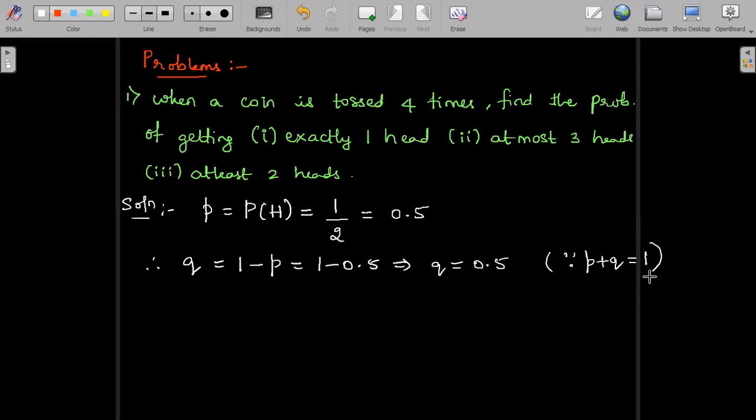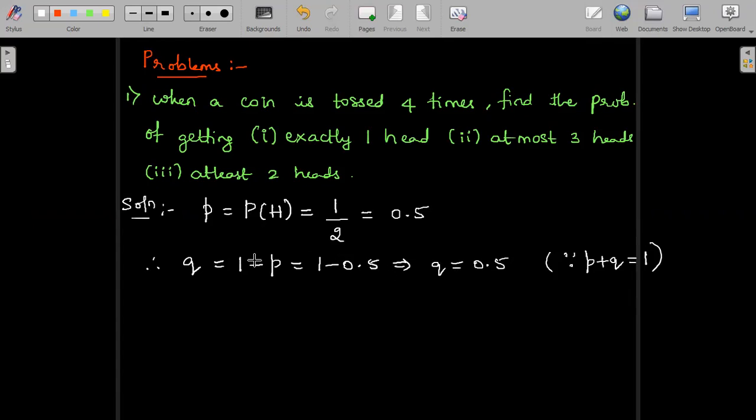Probability can at most be equal to 1. That is the reason we always try to memorize this expression P plus Q is equal to 1. And from that we can write Q is equal to 1 minus 0.5, or 1 minus P. So Q is also equal to 0.5.